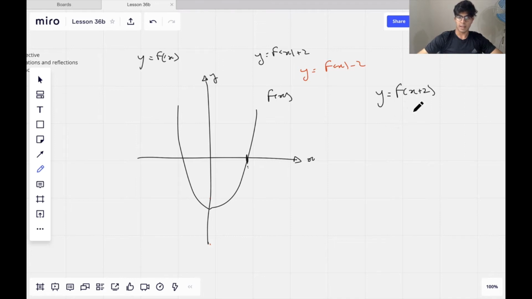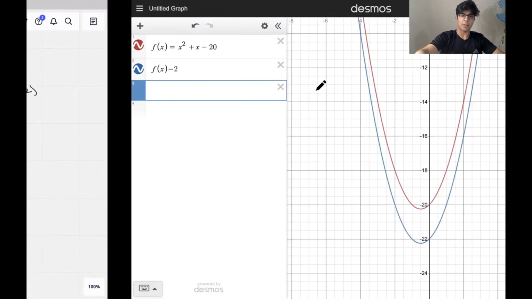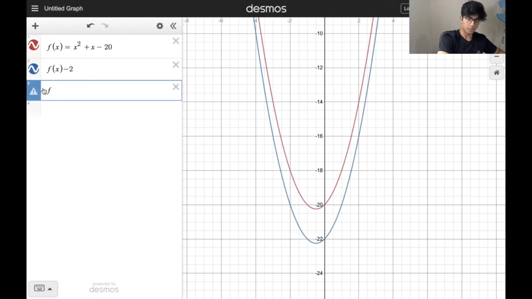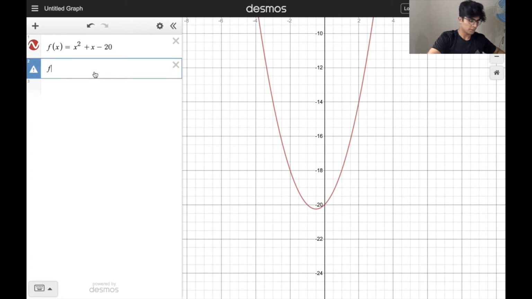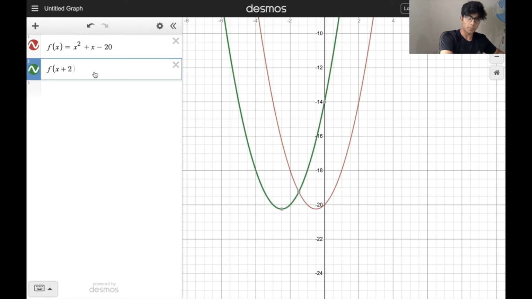But if you think about this, in the new curve, wherever we have a new x value, we have to think about where x minus 2 is. So we have to think about what we had on the 2 to the left. If we're replacing x by x plus 2, maybe if I actually draw this out, f of x plus 2, you can see it translates to the left by 2.